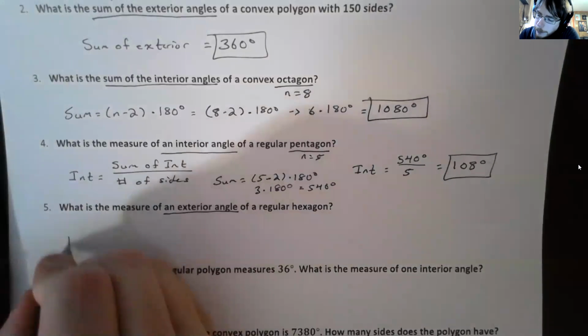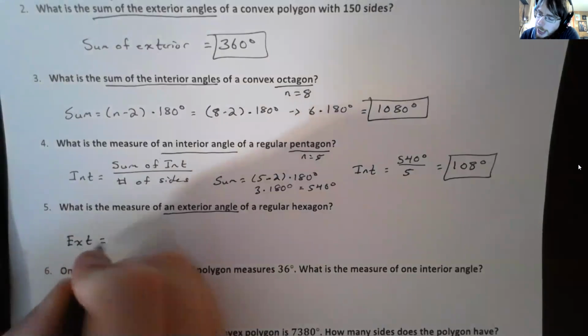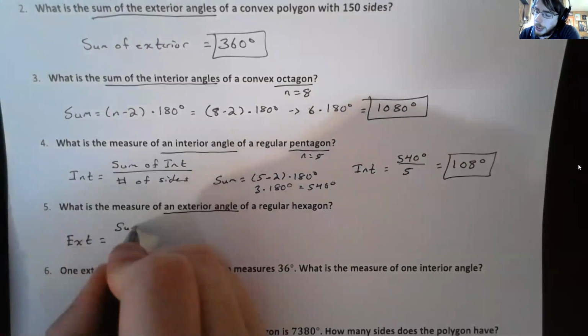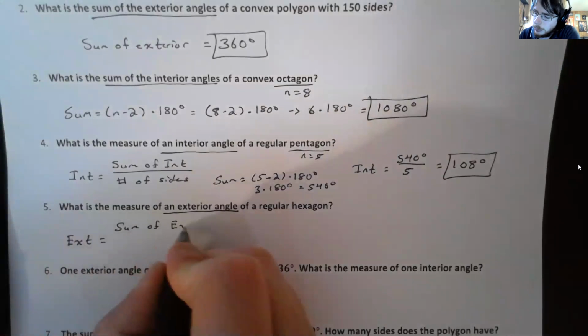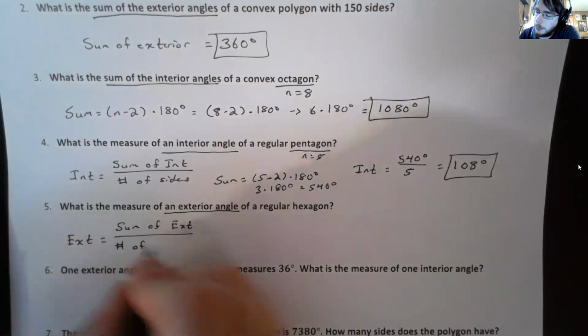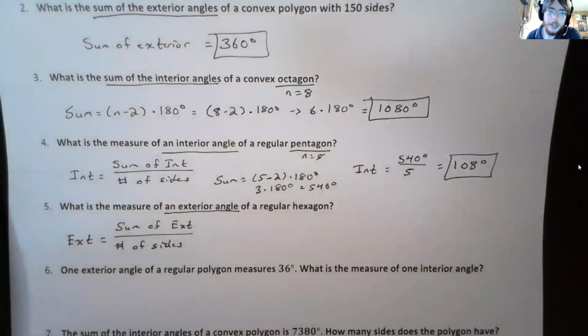Well, the formula for that is exterior angle equals the sum of the exterior angles divided by the number of sides. And as we said before, the sum of the exterior angles is always 360 degrees.